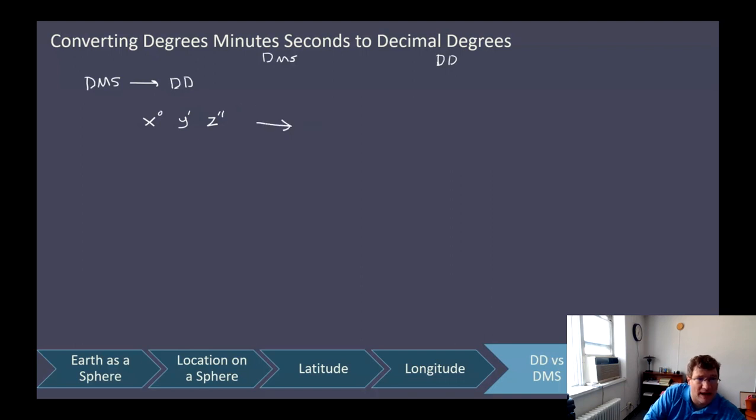And you want to convert that to X degrees and then some decimal point, some fraction progress to the next degree. Right. And so this is relatively straightforward, right? To do the conversion process, we keep the X number of degrees by itself, right? Nothing changes here, right? This whole degree does not change.